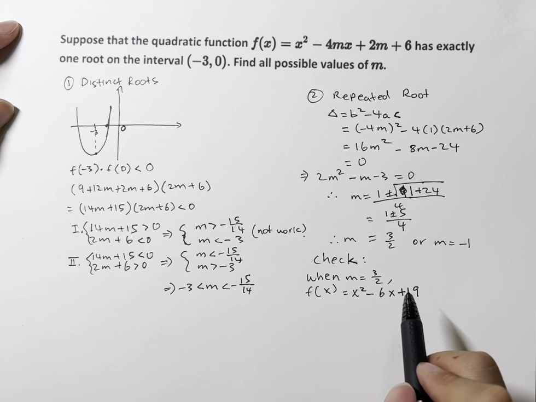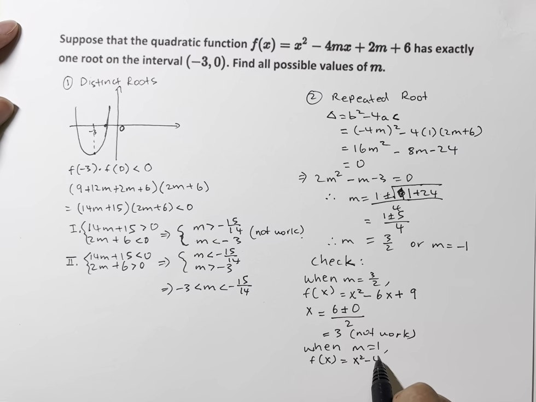And then the final case, when m equals -1. Wait, my bad. f(x) equals x squared plus 4x plus 4.